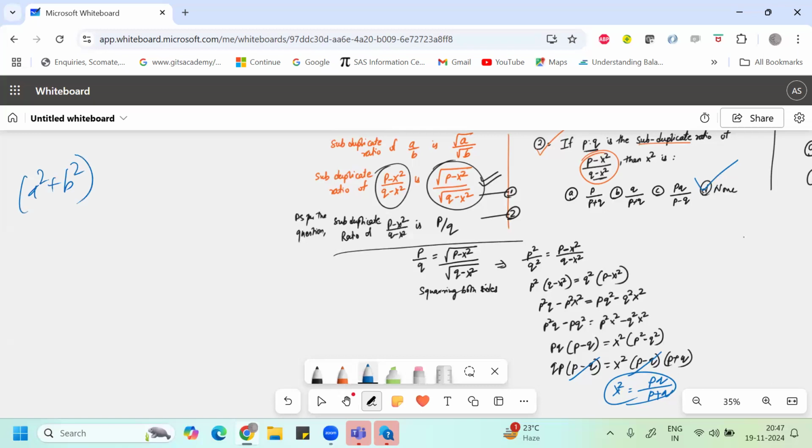A square plus b square is a plus b whole square minus 2ab. Everyone understands this, right?